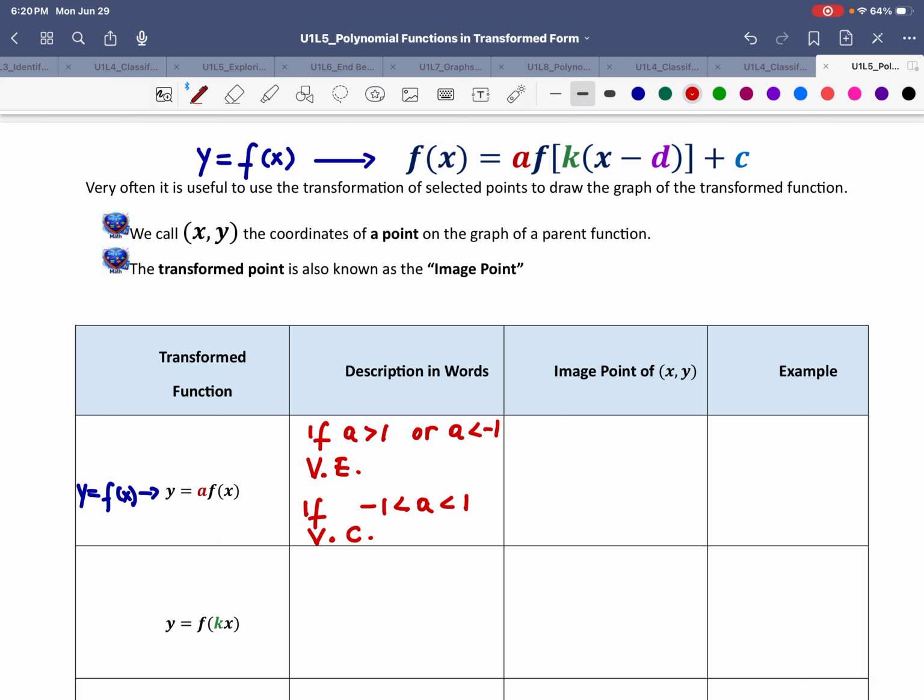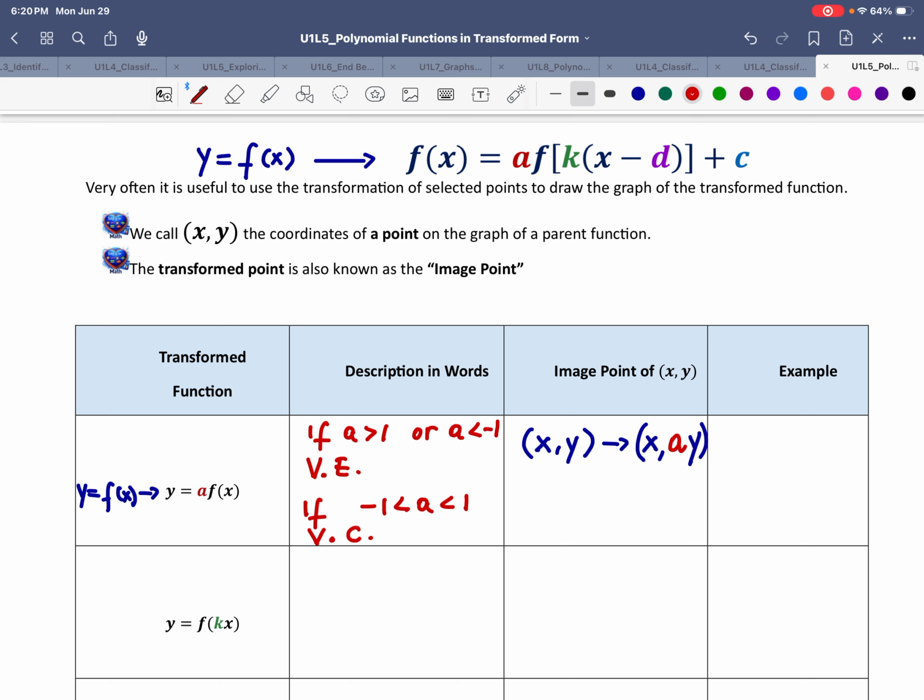Now, what happens at the image point in the meantime? So the original point on the graph of the function x and y will now change, keeping x the same as it was in the original function, whereas the y value is multiplied by the coefficient a.